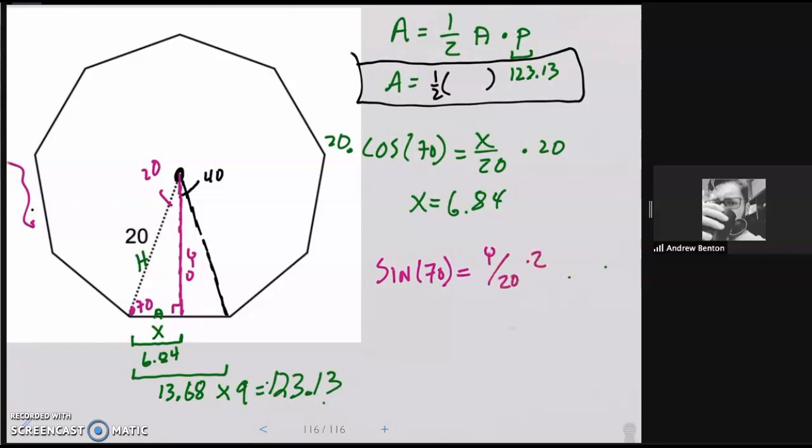And these are the easy ones to solve because hypotenuse is in the denominator. So if I type in 20 sine 70 into my calculator, I get 18.79. And that's my apothem.